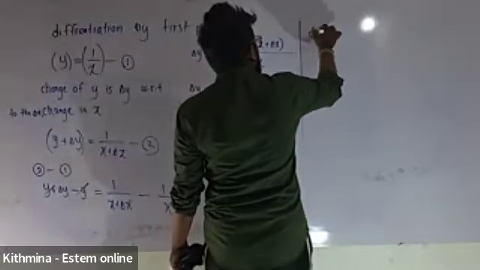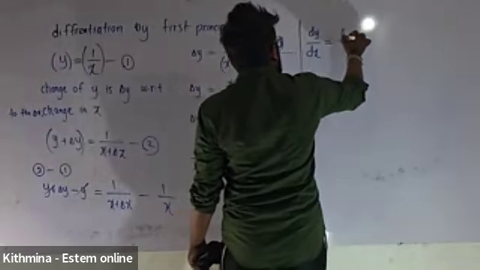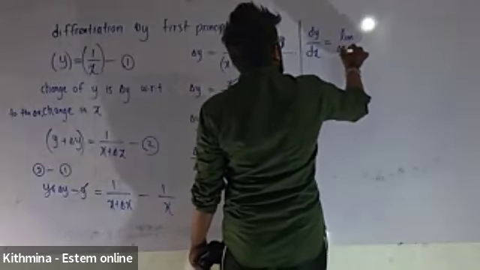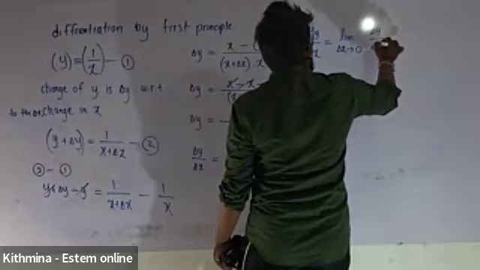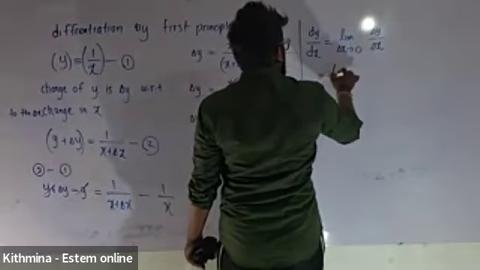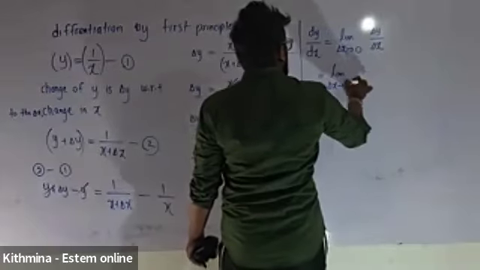Now we can write the definition. dy over dx equals the limit as delta x goes to 0 of delta y over delta x. Now the limit as delta x goes to 0.